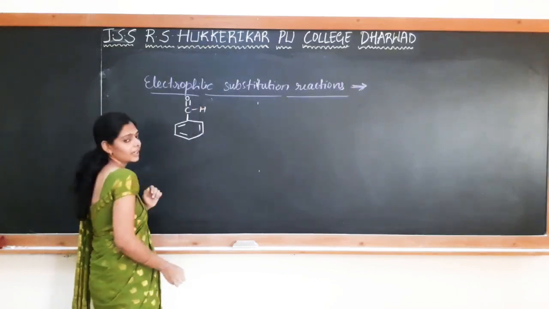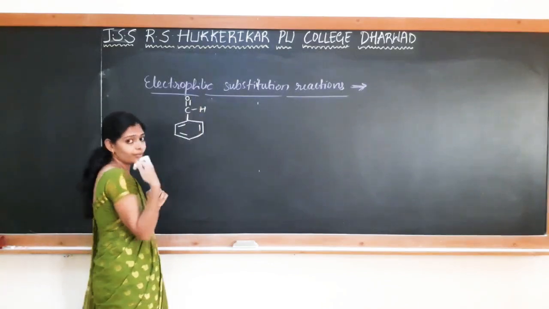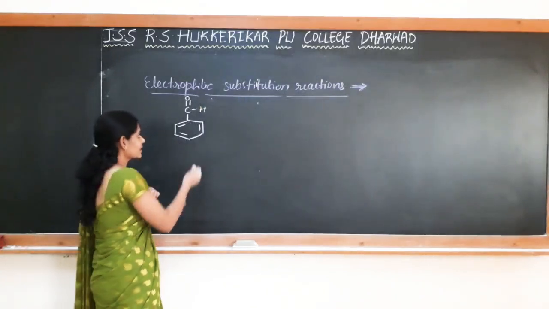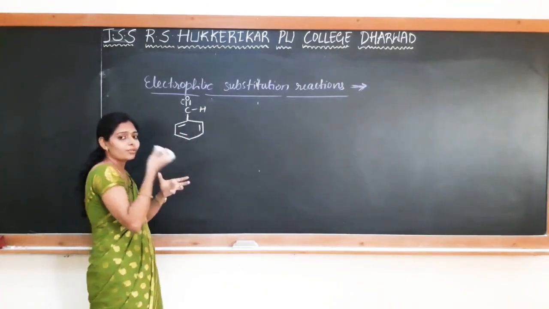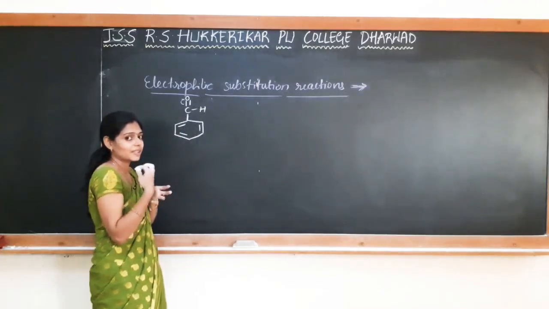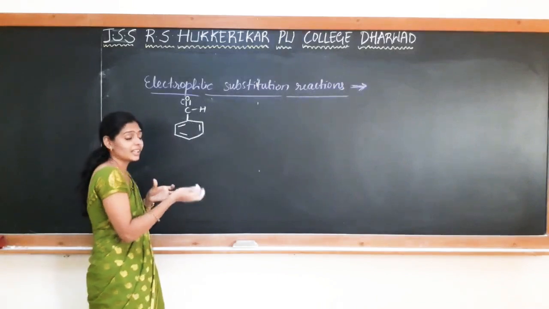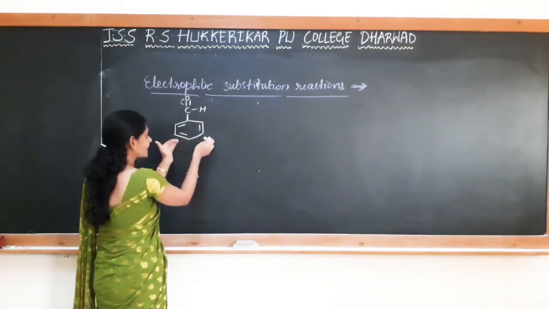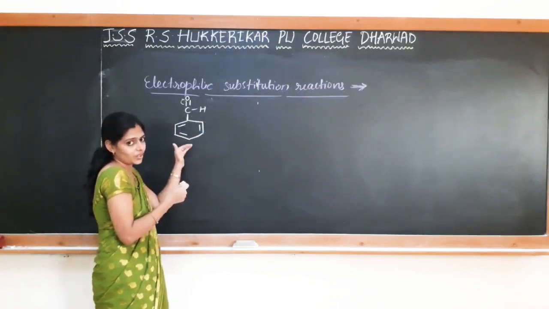Here this carbonyl group is electron withdrawing in nature, as it shows minus I effect, which I have already discussed. It withdraws electrons towards itself from the carbon skeleton, because of which the electron density of the benzene ring reduces. That deactivates the ring towards the electrophilic substitution reaction.